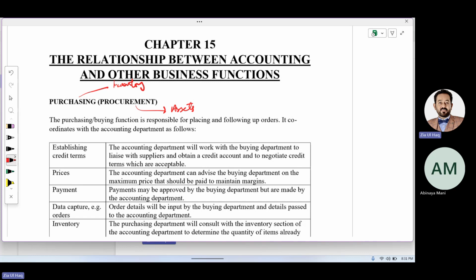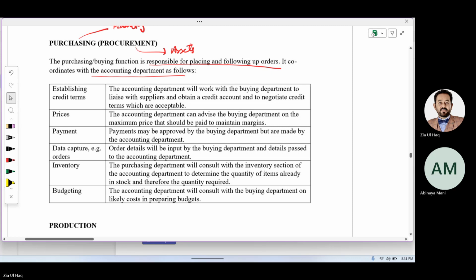The purchase buying function is responsible for placing and following up orders. It coordinates with the accounting department as follows. Establishing credit terms.